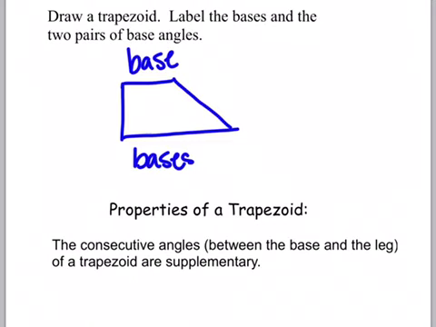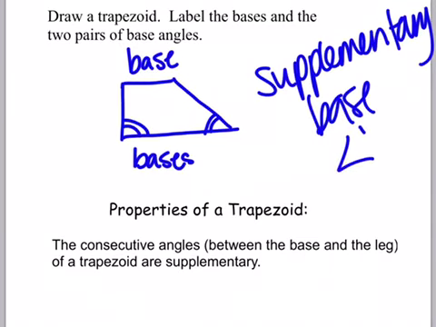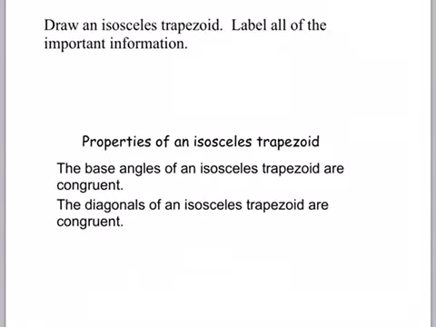I know that the base angles are going to be congruent, or, sorry, supplementary. There's no great notation for that. So supplementary base angles, and that's really the only thing I have from just a basic trapezoid.